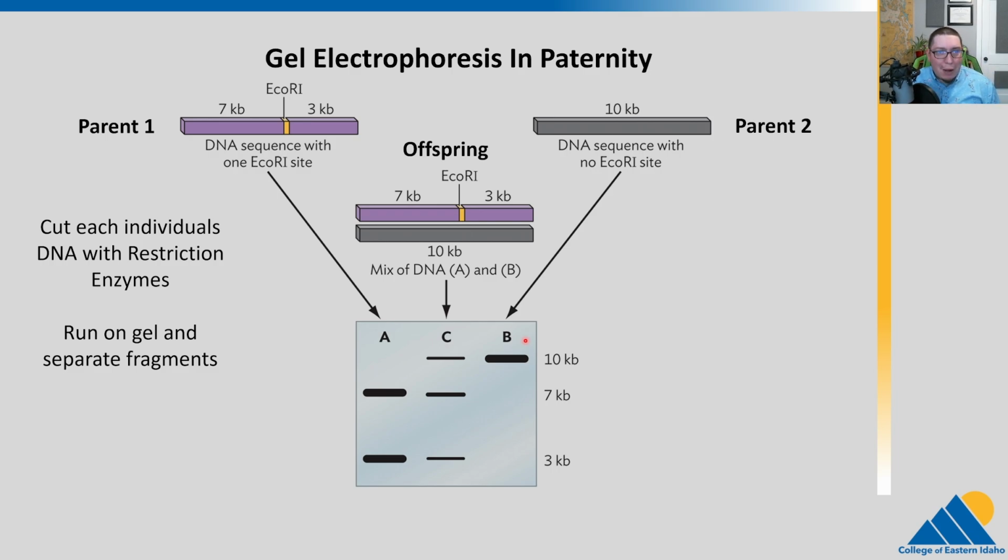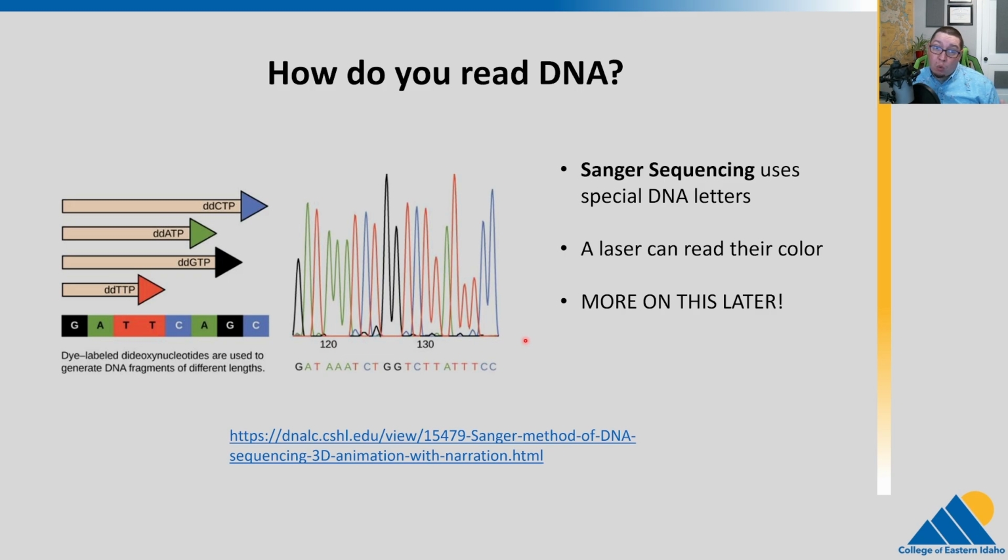But really, it would be nice if we could just sequence the letters that are in there. Unfortunately, it took quite a while to figure that out. It wasn't until really the late 70s, early 80s, and really this became commonplace in the early 90s that we could read the DNA sequence. We call this sequencing technique Sanger sequencing. It is named for Fred Sanger, who basically worked out the process.